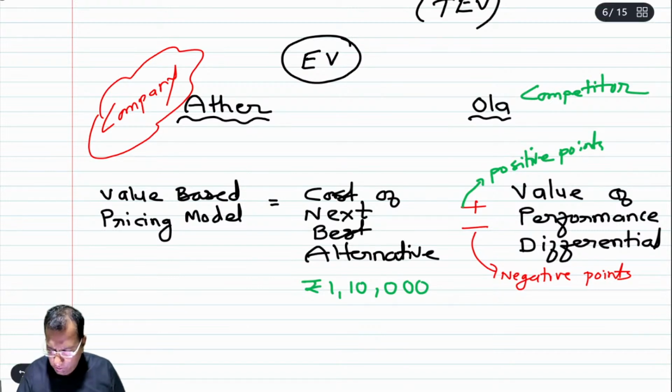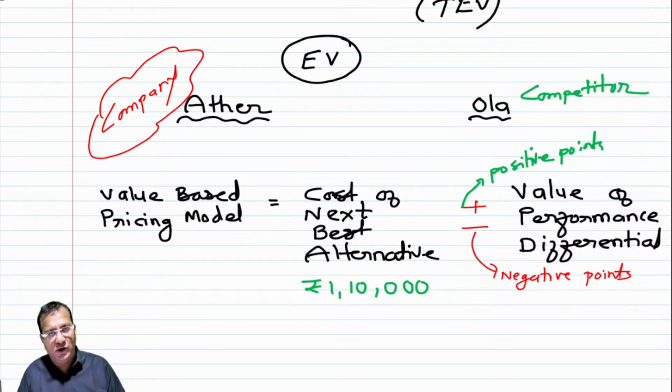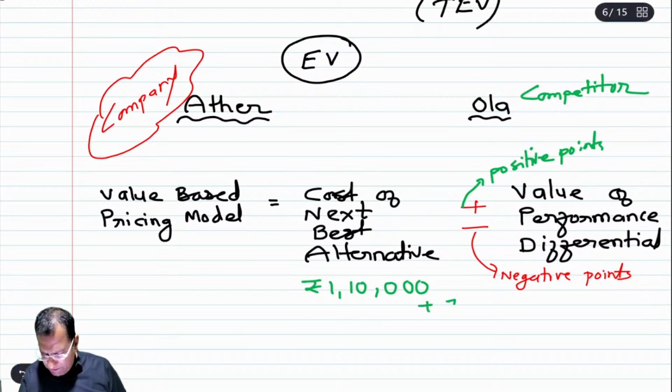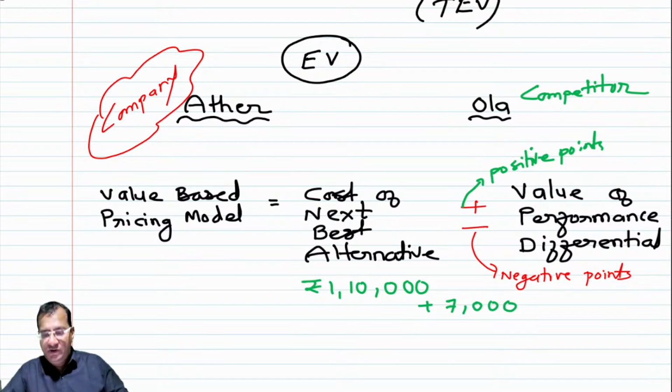So suppose the positive point is I am using high quality material to manufacture my electric vehicle, that is more steel and more aluminum as compared to plastic, while Ola is using 30-40% plastic. So that gives my product more durability. And in money terms, suppose that is equivalent to 7,000 rupees. Okay. Second point.